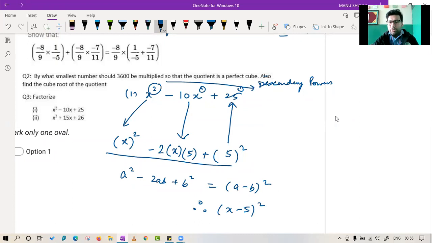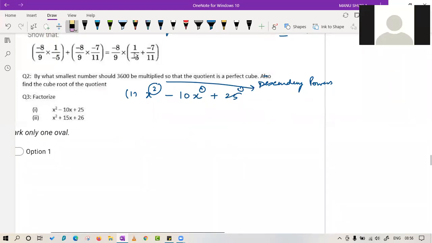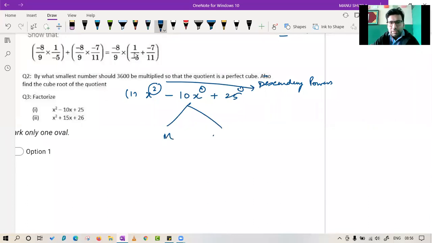Now we will try using the middle term splitting. Yes, Beta, you gave the correct answer. Now let's see by middle term splitting how to solve this question. So class, we need to break the middle term, that is minus 10x, in two parts, m and n, such that the sum of m and n, that is m plus n, should be minus 10, and the product of m and n should be how much?